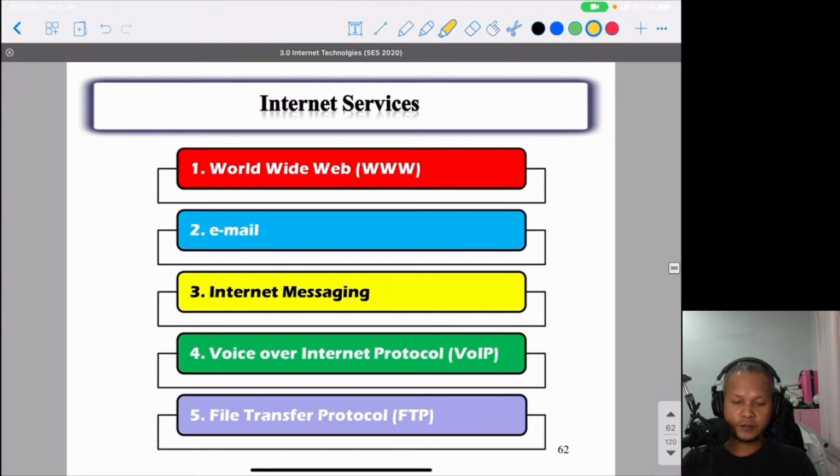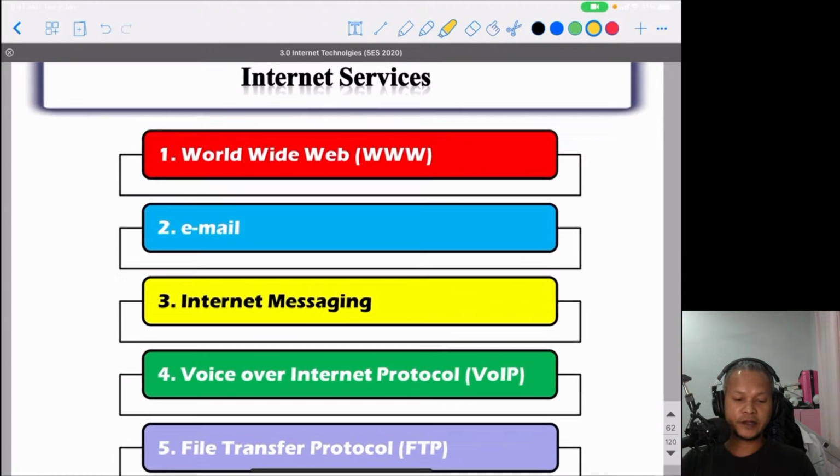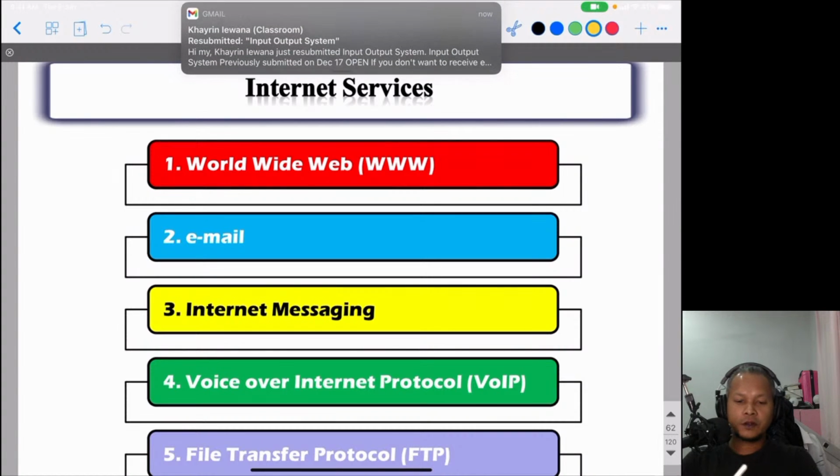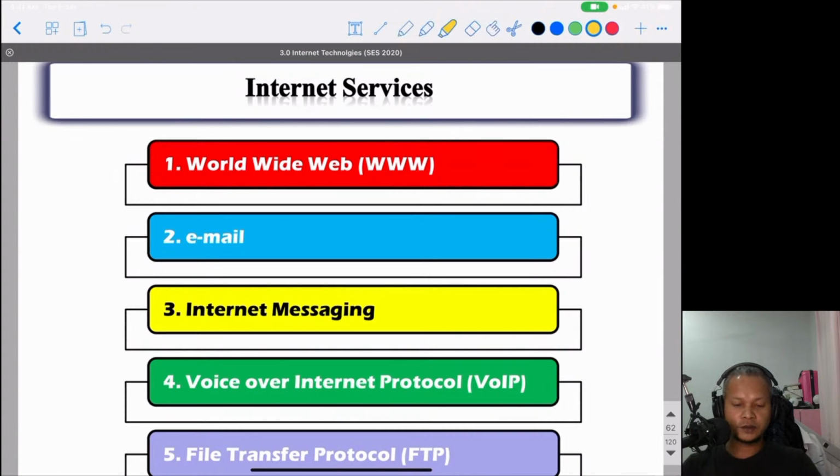So maybe the question can be integrated. They can ask about the WWW together with email or internet messaging. For today's technology, sometimes all the things are integrated.